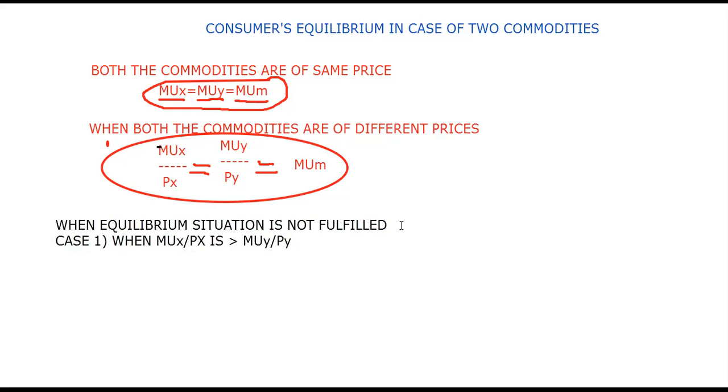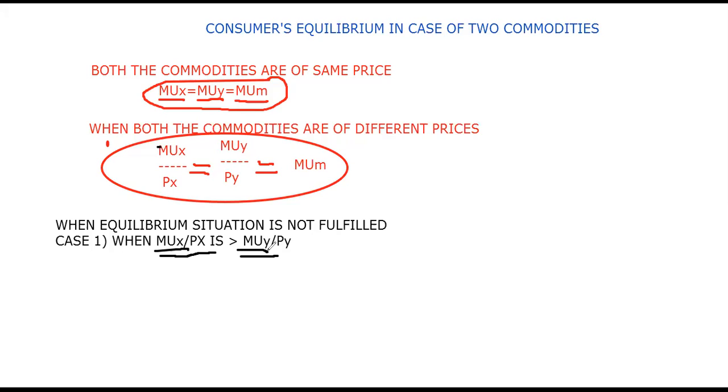When MUx upon Px is more than MUy upon Py, what does it suggest? ये simple suggest कर रहा है that marginal utility from X is more than marginal utility from Y. अभी Py और Px को भूल जाओ. ये हमें बता रहा है that marginal utility of X commodity is more than marginal utility of Y commodity.